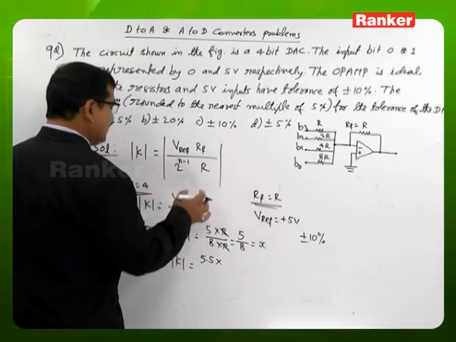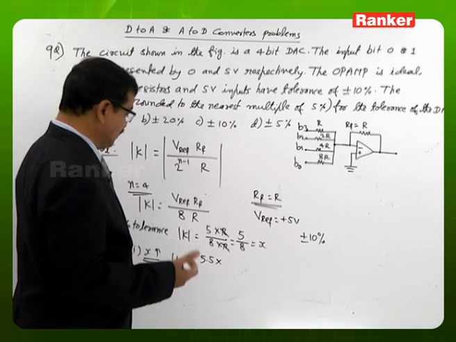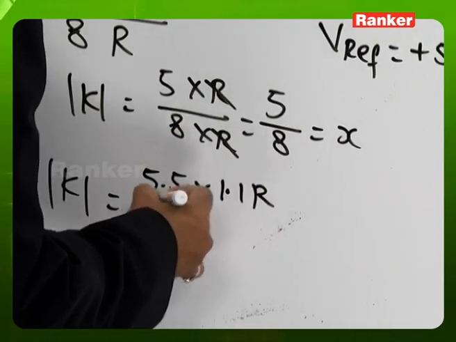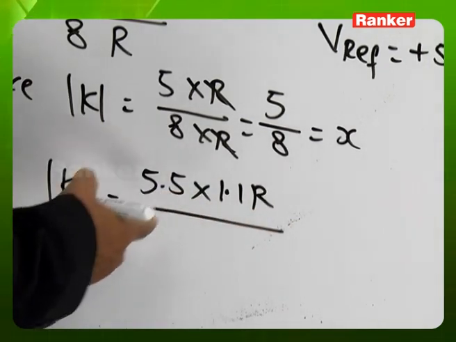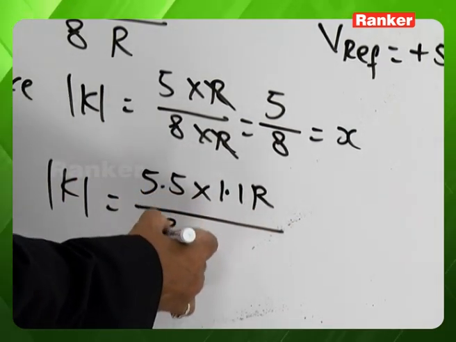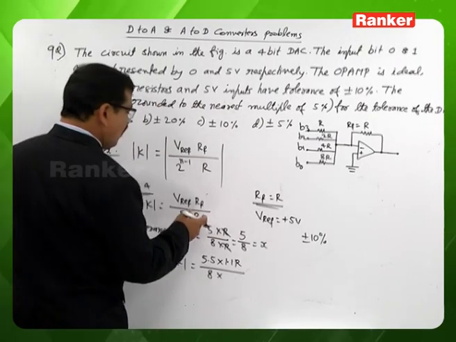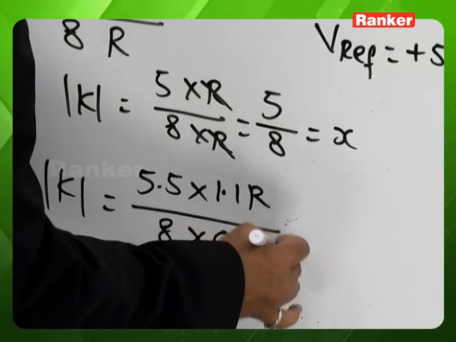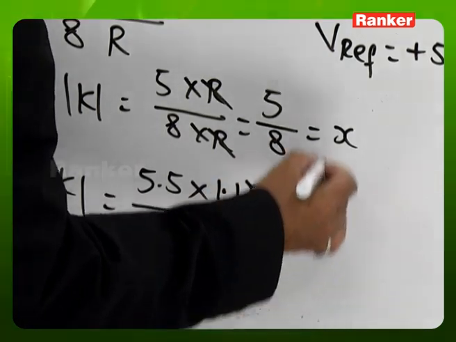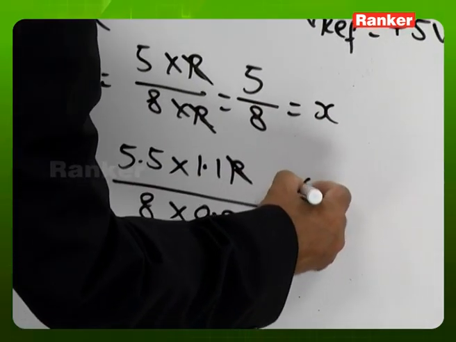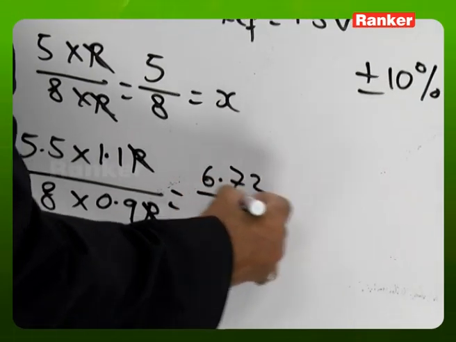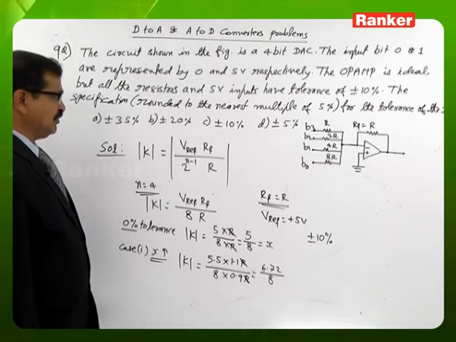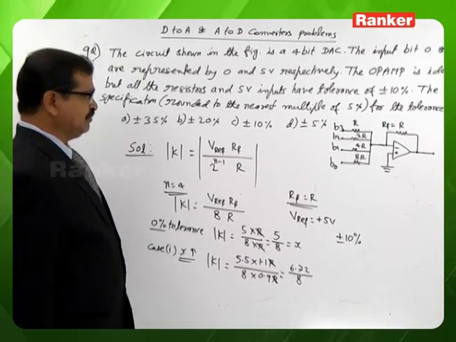And the feedback resistor is also on the positive side because of the higher value, 1.1 R. And in the denominator, this R will be on the lower side, 0.9 R. Hence we are looking at this value, it is nothing but 6.72 divided by 8.